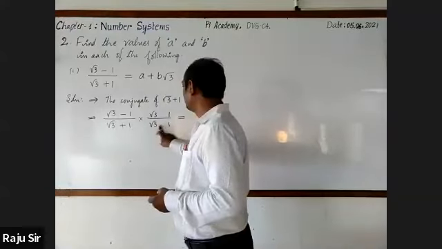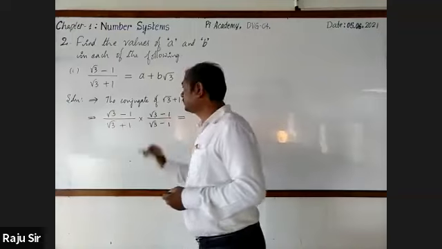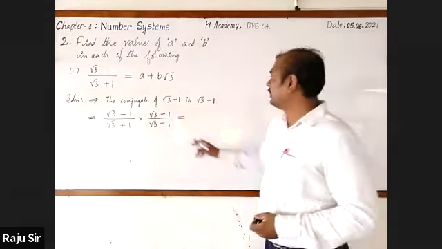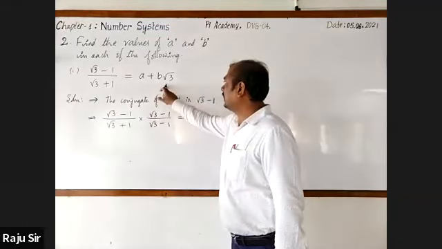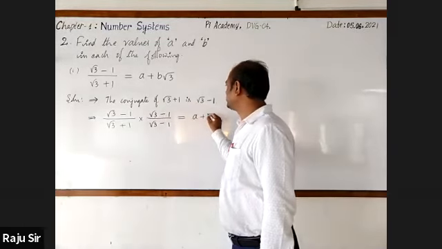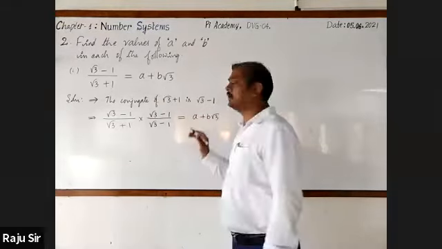Very good. I appreciate your presence. We have multiplied the conjugate to the numerator and denominator. And on the RHS, you may write a plus b into root 3 as it is.